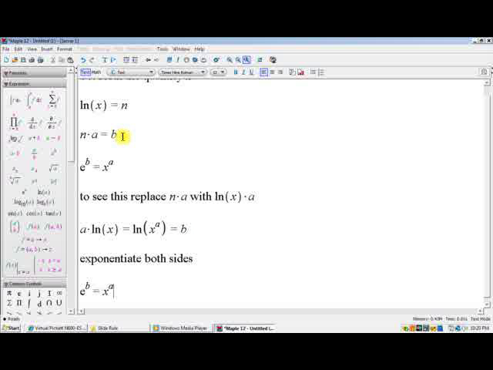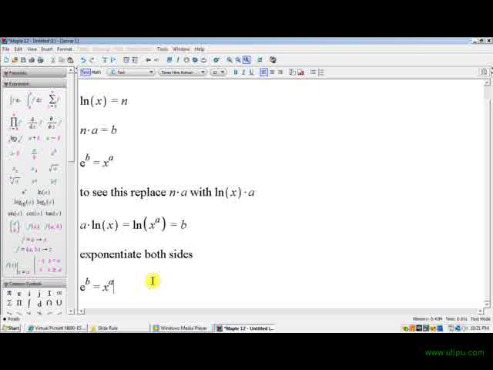Since n times a is equal to b. So okay, here's the important part right here. If we go ahead and exponentiate both sides of this, we exponentiate this, it cancels out the natural logarithm, and we get x to the a, and here when we exponentiate this, we get e to the b. So let's go ahead and take a look at our slide rule, see how we're going to use this.